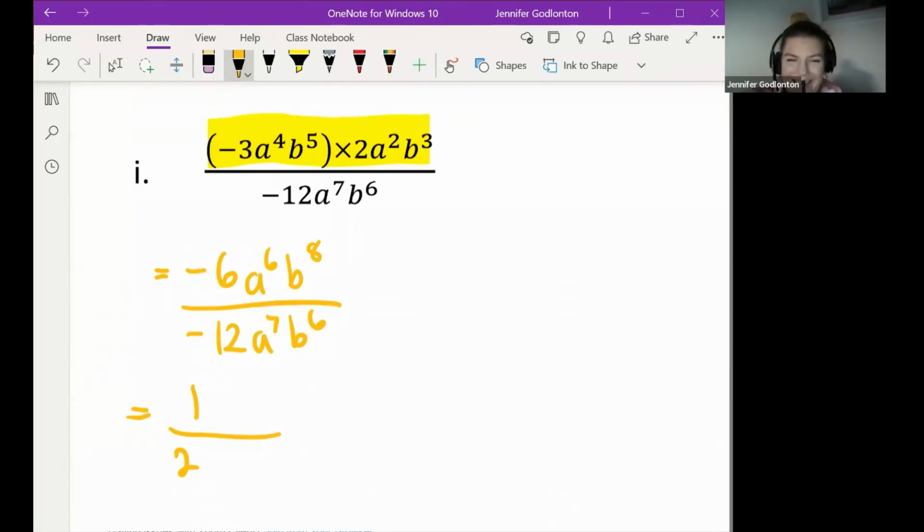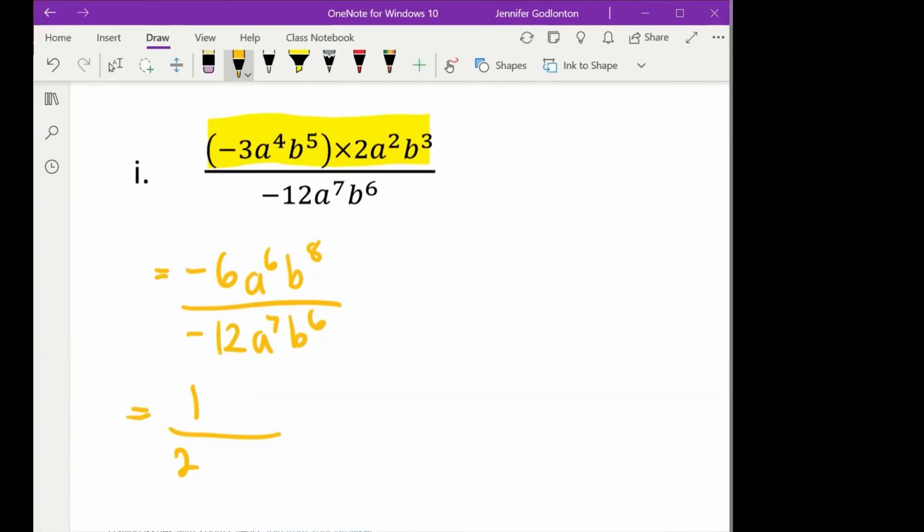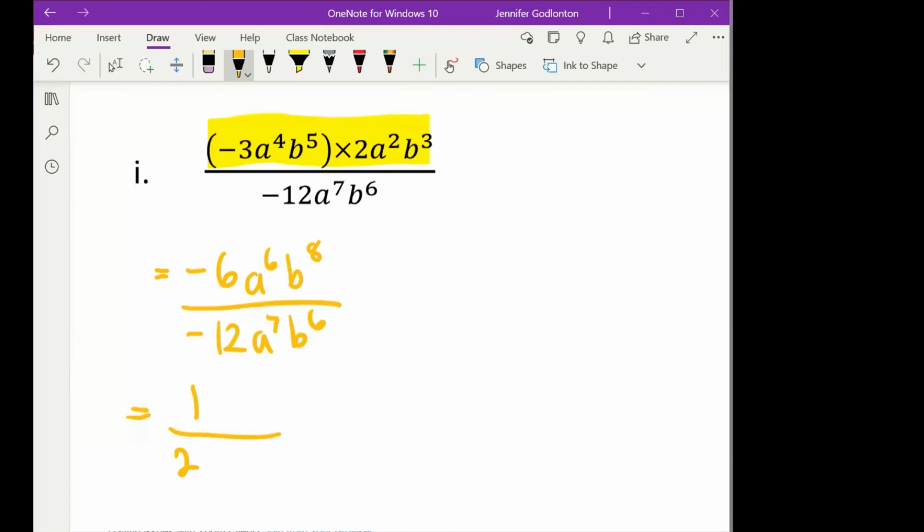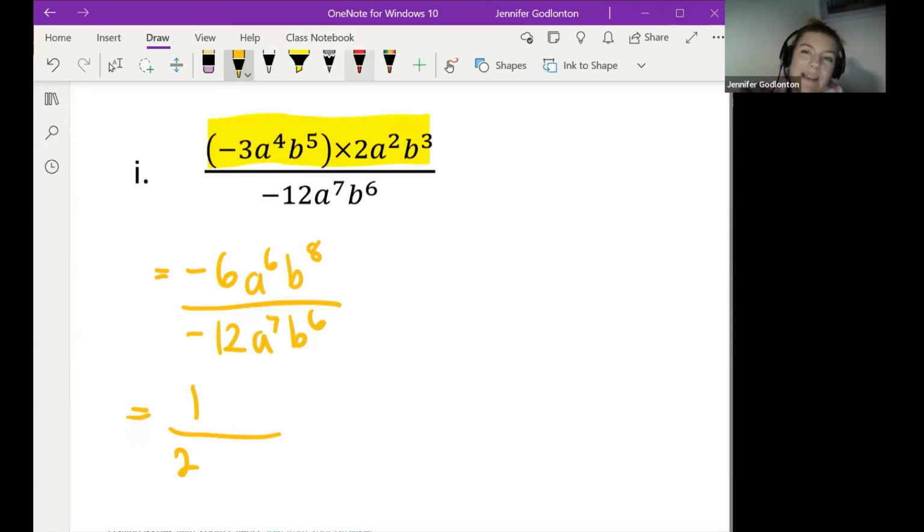The A's: I said a to the power of -1. Okay, but we don't want to have negative exponents. So what must I do with the A? We want to say 7 minus 6, so that we have a positive number, which means my A needs to be at the bottom.